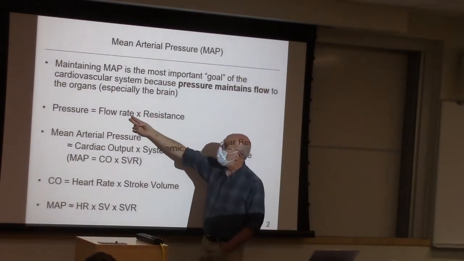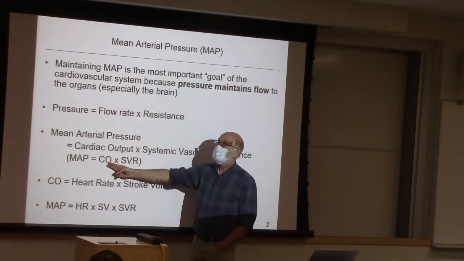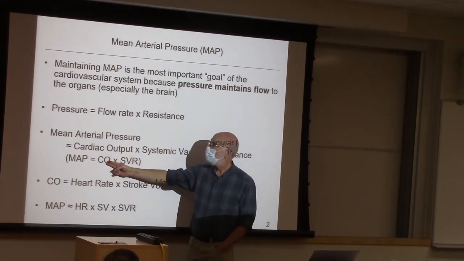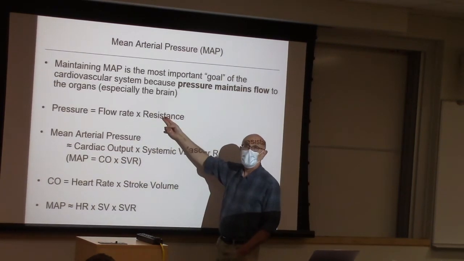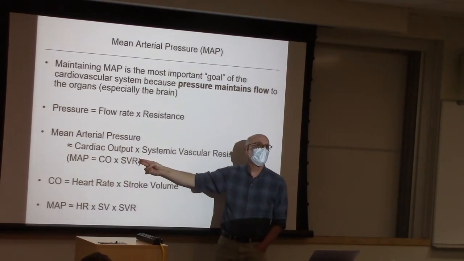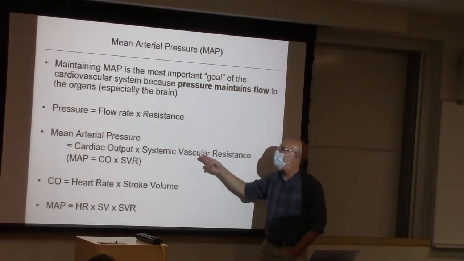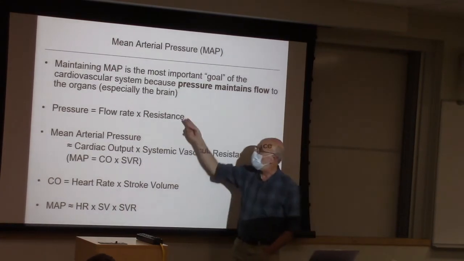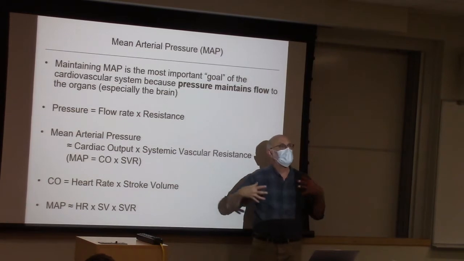So the flow rate that we're going to be talking about is the cardiac output, volume per minute. The resistance we're going to talk about is the resistance of the system that the flow is going through. That's the systemic vascular resistance. So resistance is the resistance of the system.